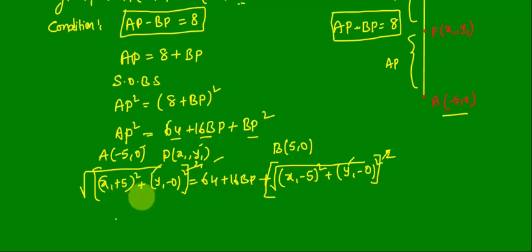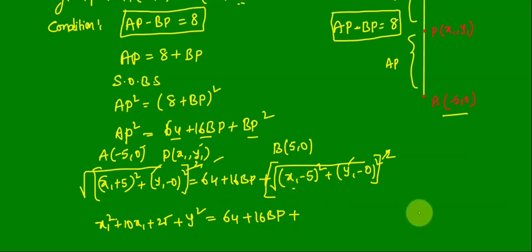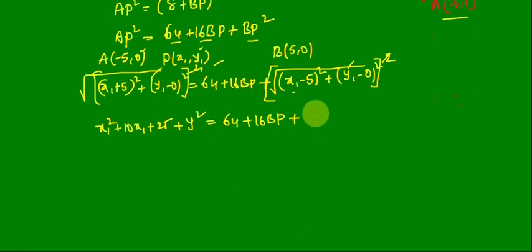This is in the form of (a plus b) whole square. We'll expand this. This will become a square plus 2ab, that is 10x1, plus b square, which is 25, plus y1 minus 0, which is y1 square. Then comes 64 on the right hand side plus 16BP as it is. This is also in the form of (a minus b) whole square, so this will become a square minus 10x1 plus 25, then here also y1 square.